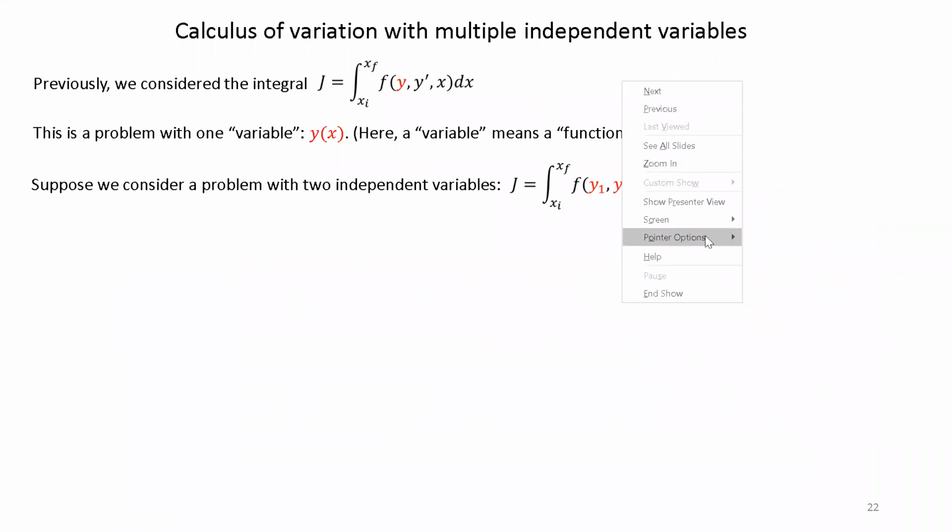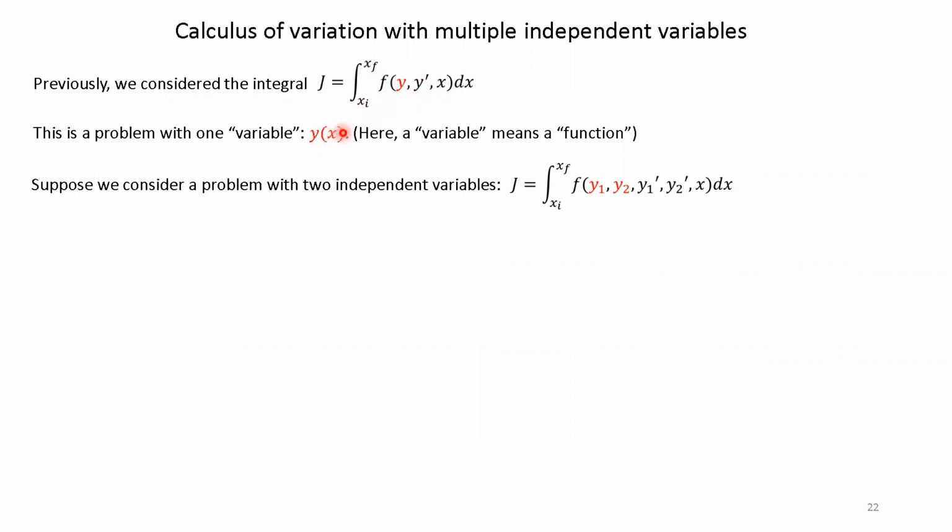The form that we had before is always like this, just one variable, or really the variable means a function or path, so it's just y as a function of x.